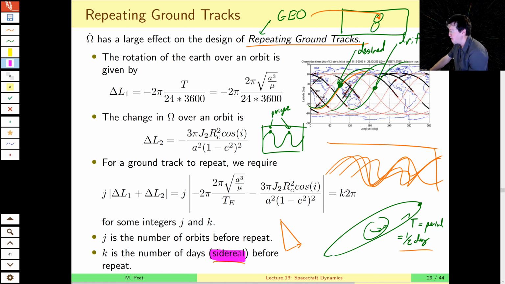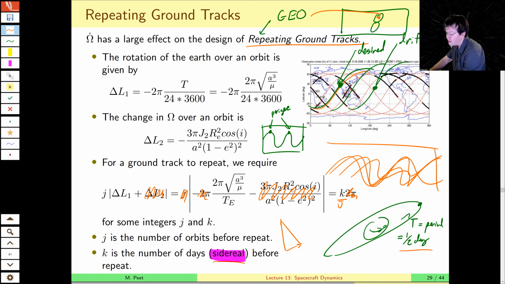Ignore here delta L2, right? You just make your period equal to a fraction k over j, and these cancel, right?